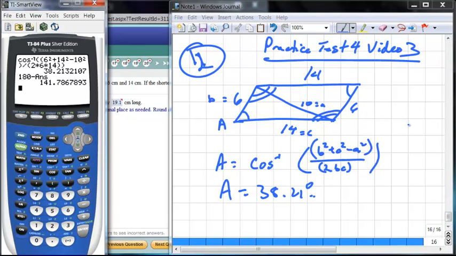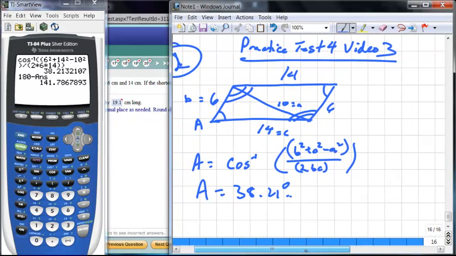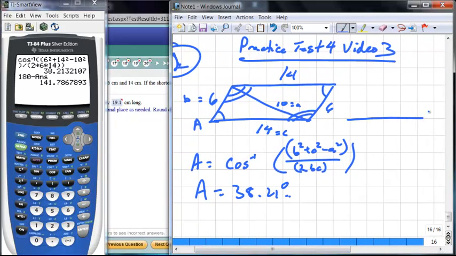So if I redraw this part at the bottom here, and draw in the long diagonal, we know this angle here is 141.787 degrees. We know this side is 6, this is 14, and we want to find this side here.